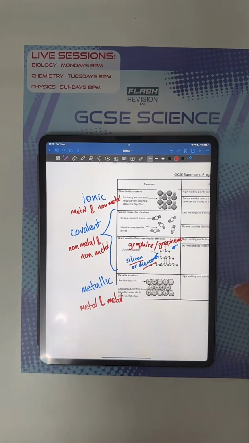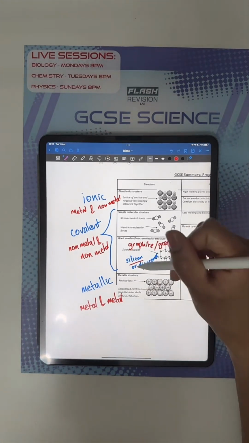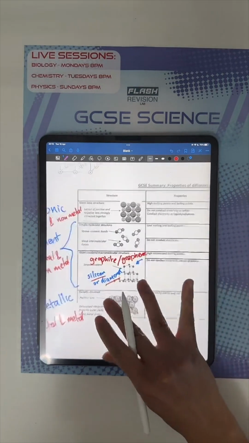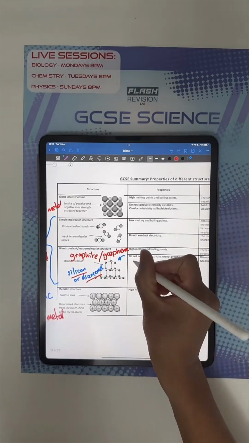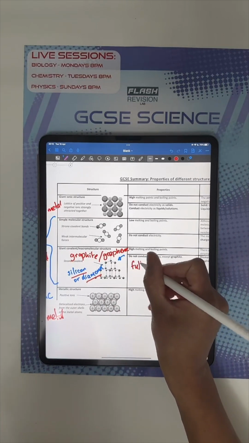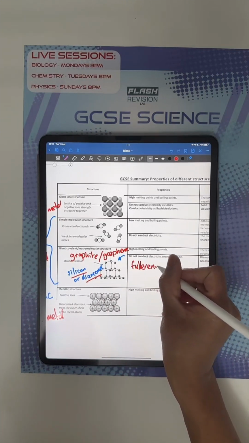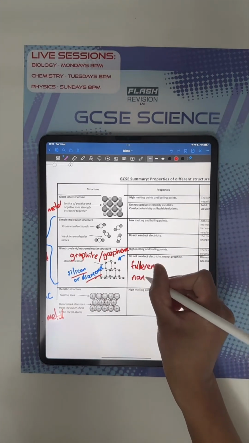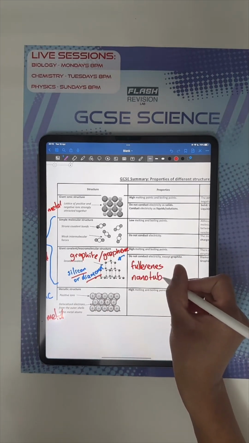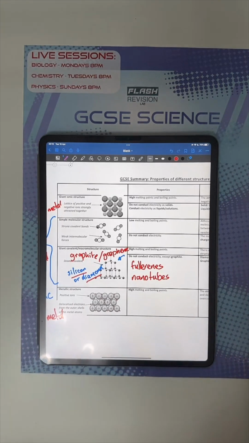Actually, no, there's a few more. So there's graphite, graphene, diamond, silicon. You also come across fullerenes, which are the spheres, and nanotubes. Yeah, exactly, fullerenes. So those are all examples.